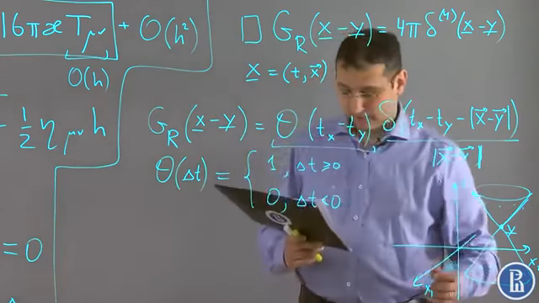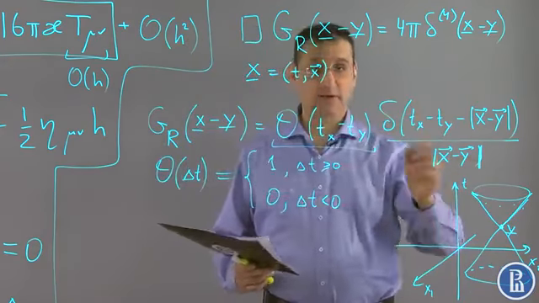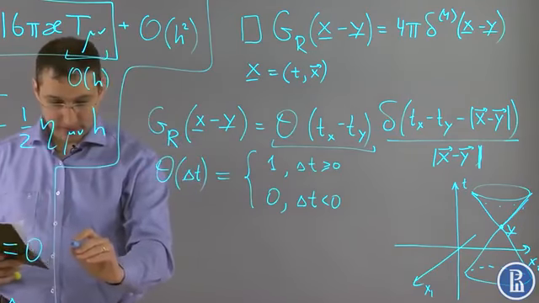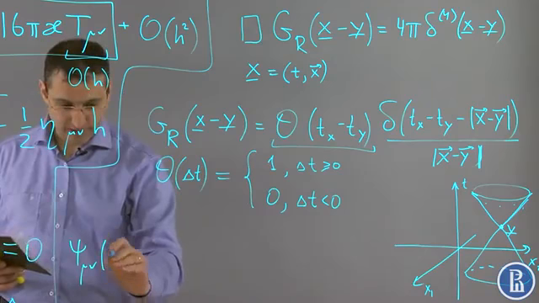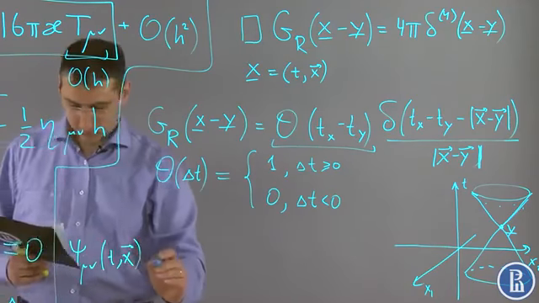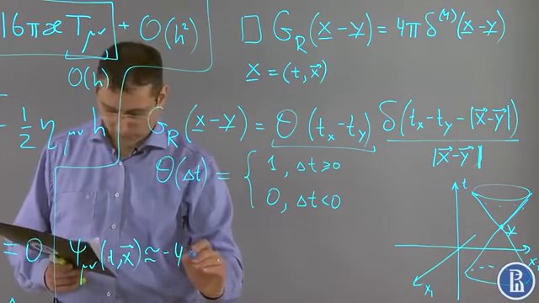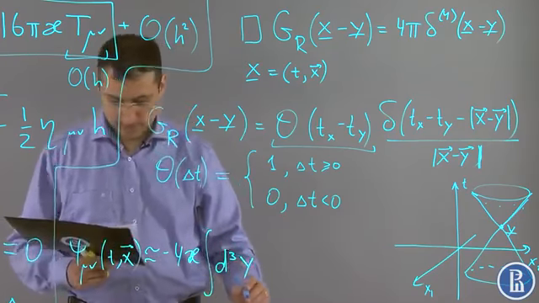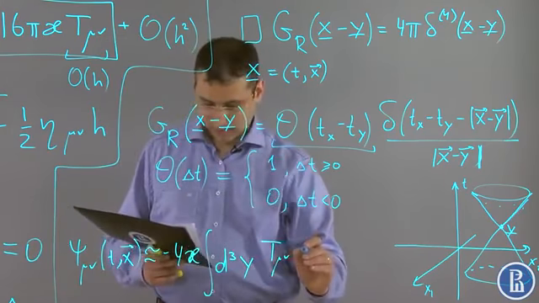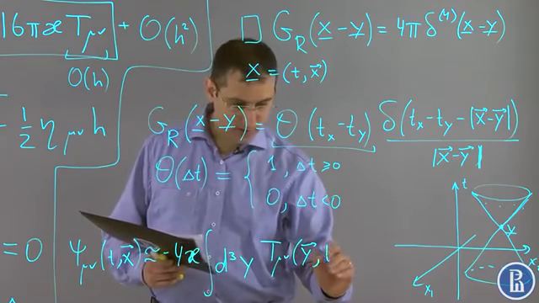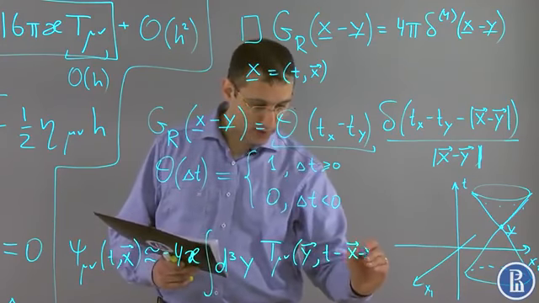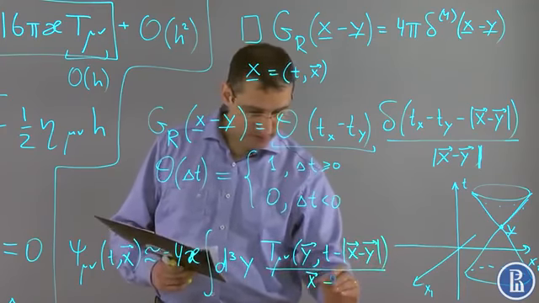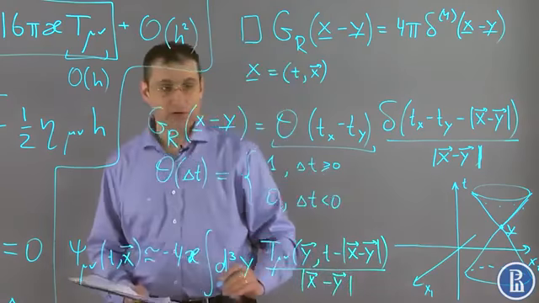So at any point x lying on this light cone, this function is not zero. If we have this function which solves this equation, then the solution can be represented as follows: psi mu nu of t and x is approximately equal to 4 kappa integral over d3y of T mu nu at y and time t minus modulus of x minus y, divided by modulus of x minus y. How did I obtain this?